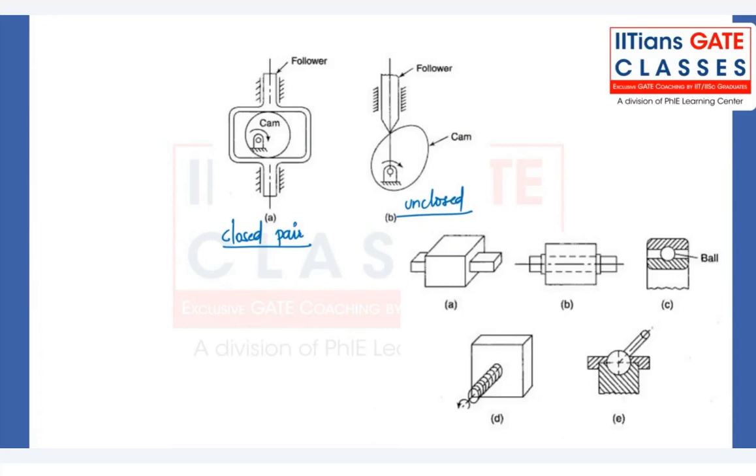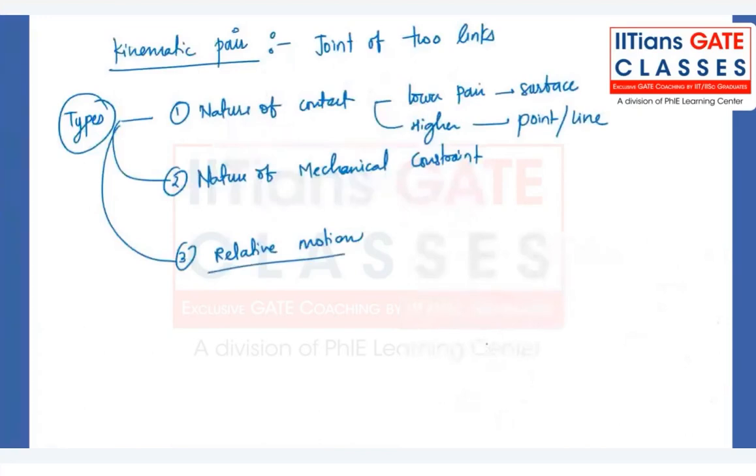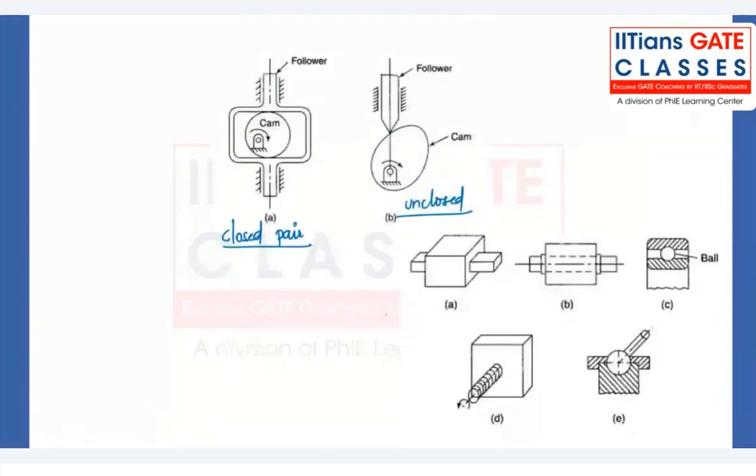Coming towards the third classification of the kinematic pair, which depends on the relative motion: the sliding pair. There are different types where we can have sliding motion between the two links. Here is the example of a rectangular shaft sliding in a rectangular hole.